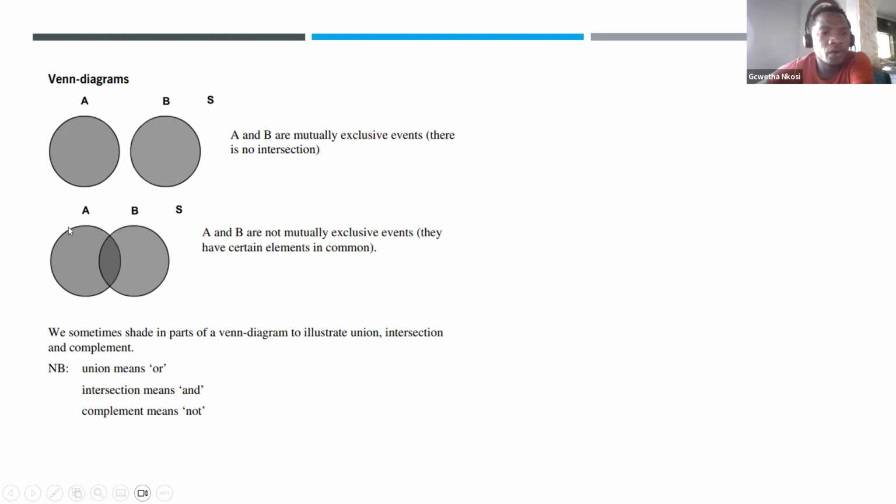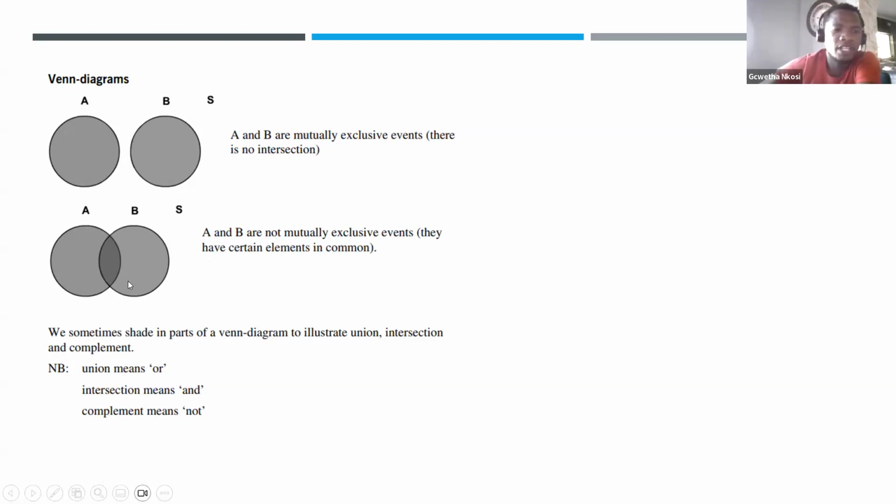Now when we look at the second diagram, this is A, this is B. They are overlapping somewhere where there is a dark shaded area. This dark shaded area represents an intersection of the two circles. So these two are not mutually exclusive because they do have an intersection.